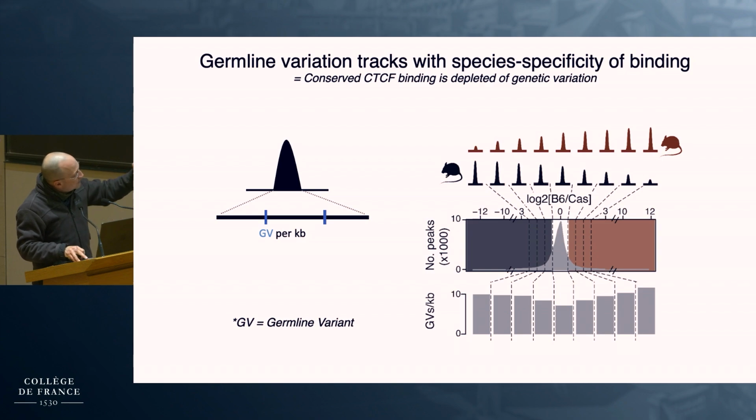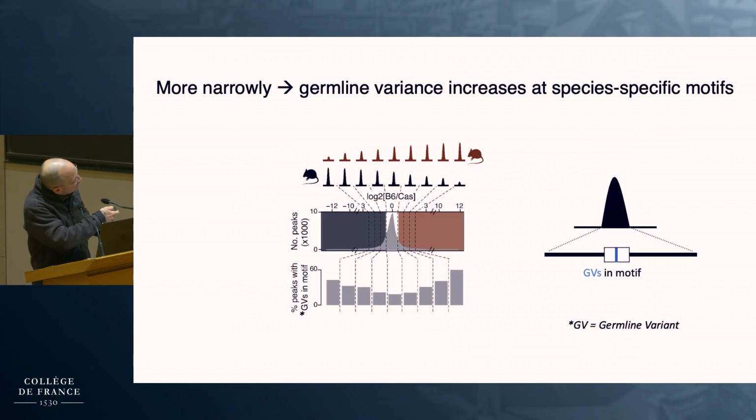And when you zoom in, not just on the 1 kilobase around the binding event, but you actually go to the actual motif that's bound, you see it even more dramatically, where you see this depletion here, where the bound motif in conserved regions strongly selects against genetic variation.